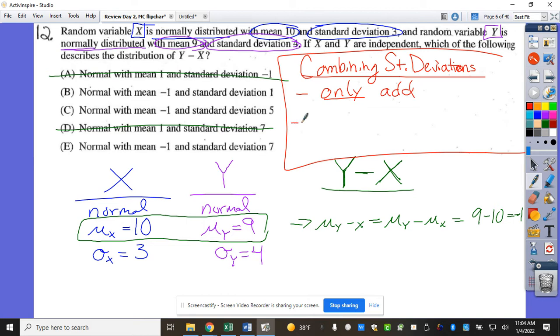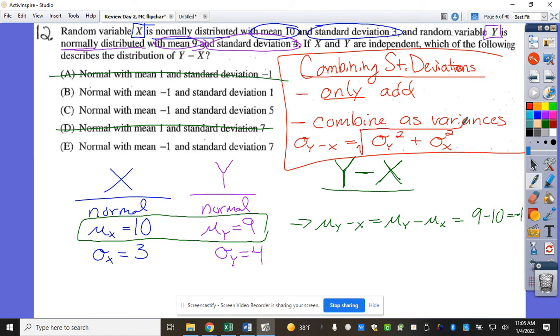What is our second rule? Only combine as variances. So regardless of if I'm adding or subtracting here, I put them as variances, I have to add, and then so what does that mean I have to do at the end? I have to take the square root to switch it back to standard deviation.